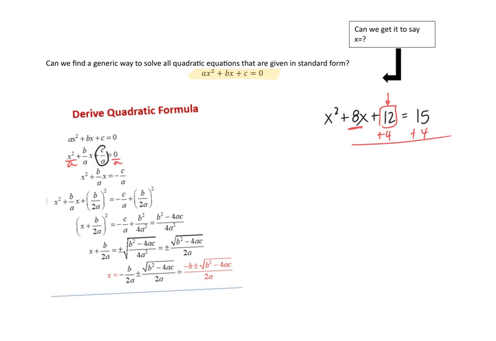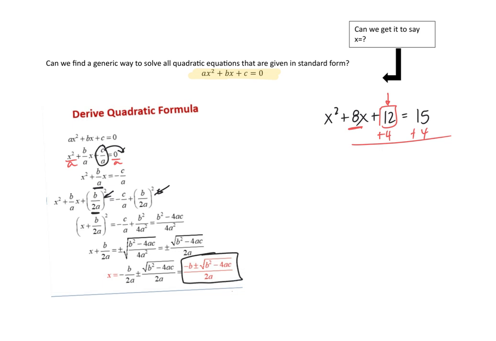So they moved this term over to start with. Then they took this middle term and did half of it. Times it by half, I get this, and then I would need to square it. So they put that squared over there. And if you do that to one side, they did that to the other side. Then they did the whole completing the square process, and they came up with this in the end.